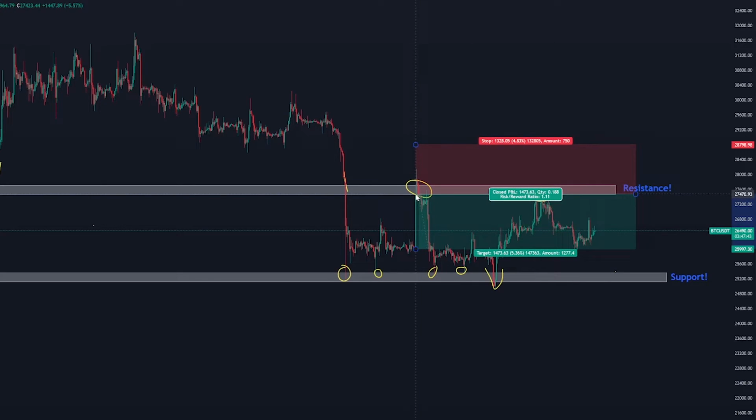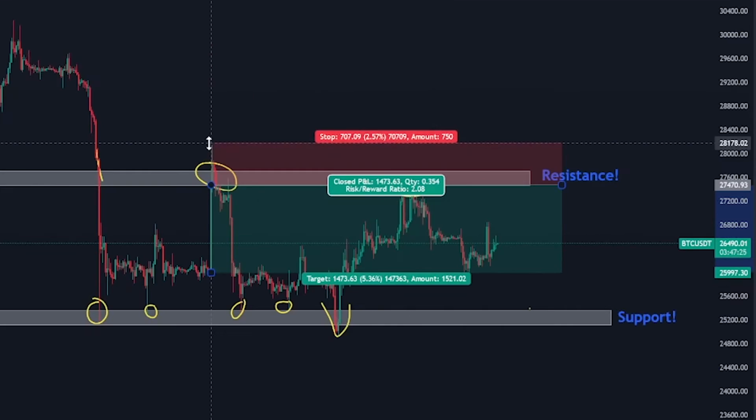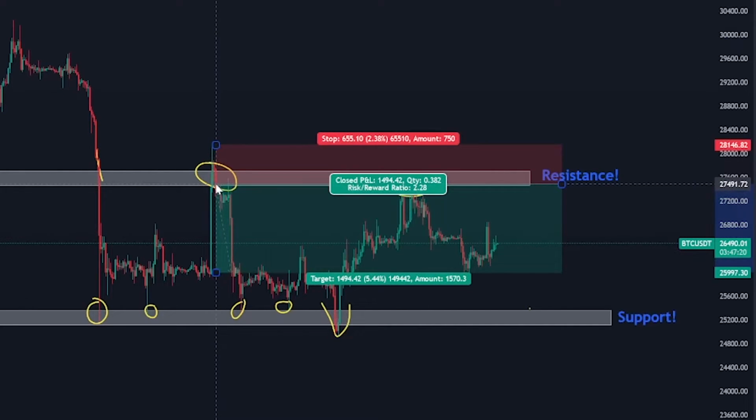Now let's take this example. For example, we had it over here. Usually what you do, and this is a pretty difficult one to show you, is I usually have my stop loss just a bit above the previous high. Now, in this example, it's very difficult because the previous high was around here. So it's hard to set a stop loss right now. So let's say we had it around this wick as we'd be opening it around here.